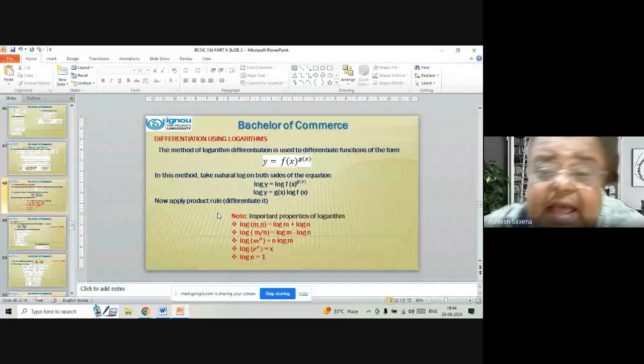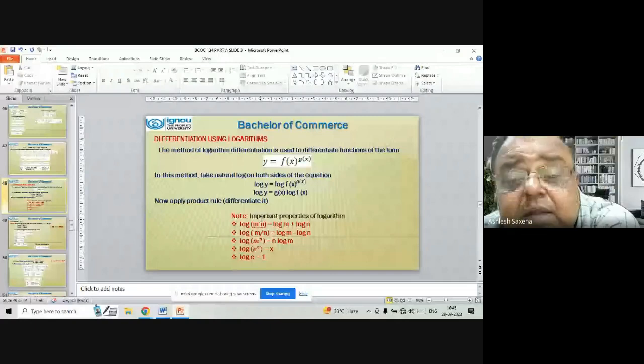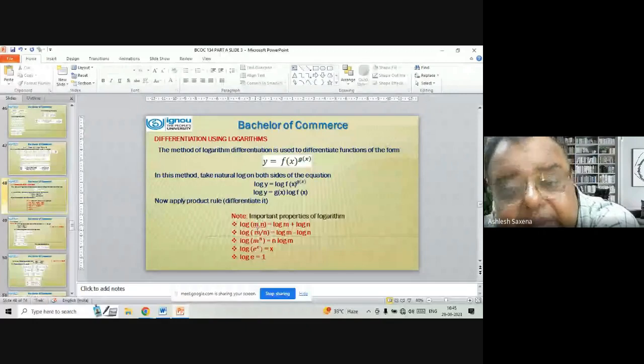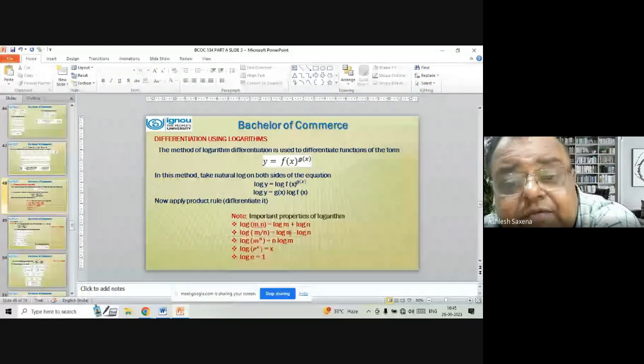Here you can see if log is applied to two functions which are in product, that means it is equal to log m plus log n. If it is in the division form, it is log m minus log n.